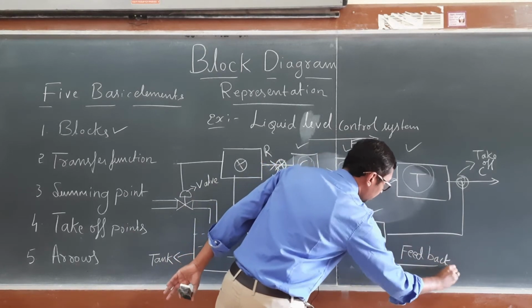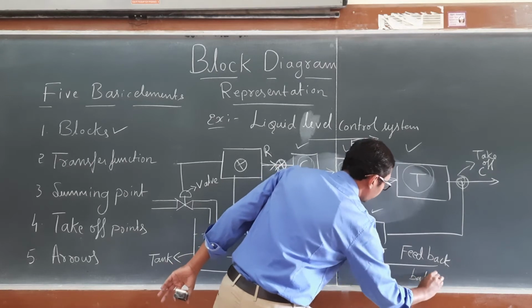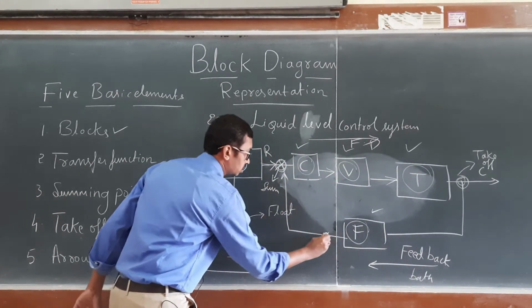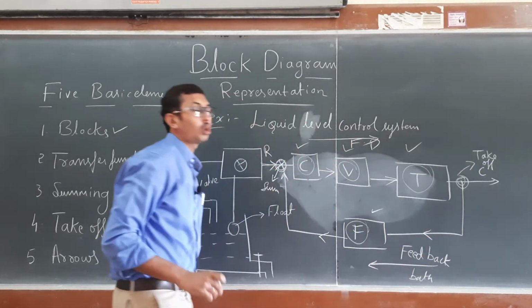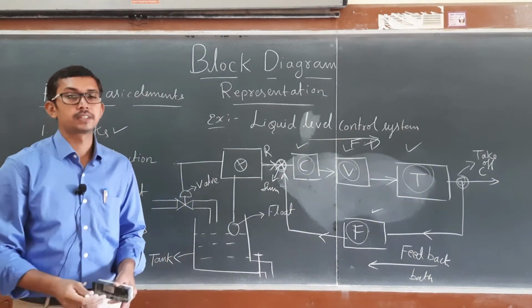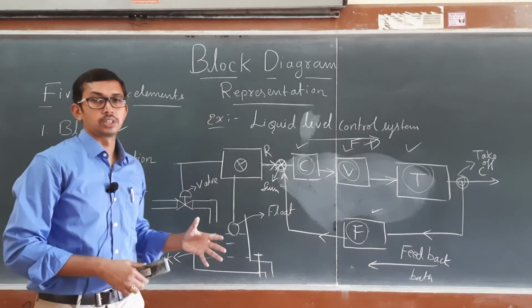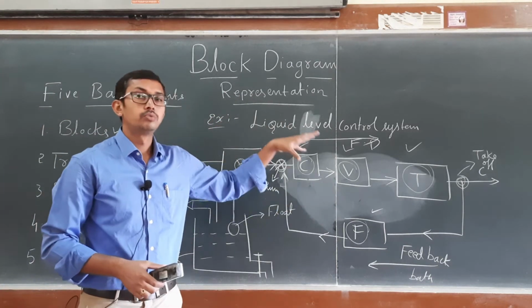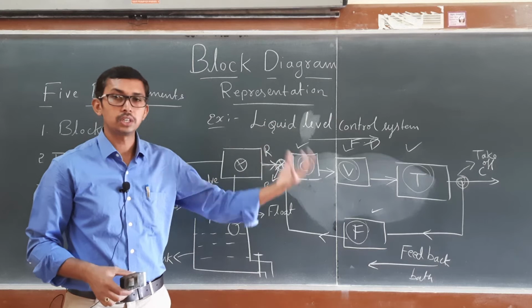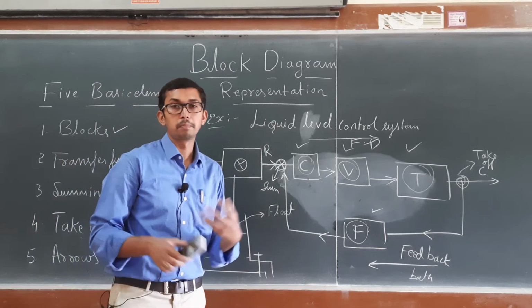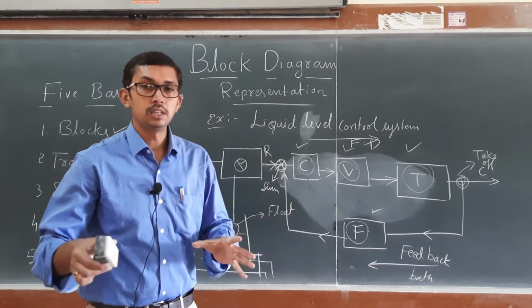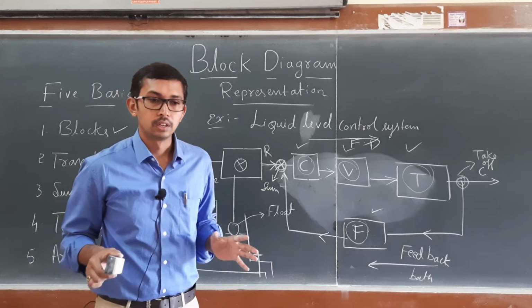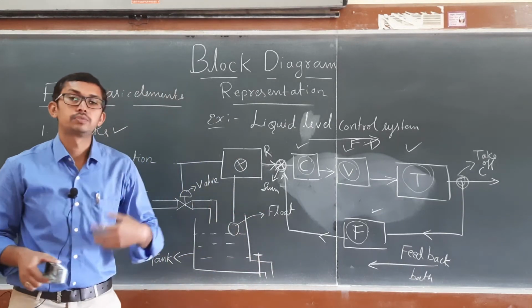In the same way we need to represent the arrows. This is how we are going to represent the given system in terms of blocks. With the help of this we can reduce it and find out the behavior of the total system. I hope you understood. Next we will take up the next topic.